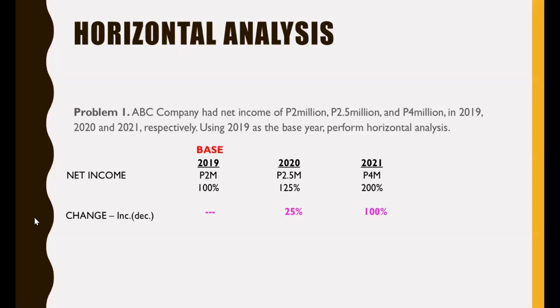To determine the change, that is simply the difference between the percentages in 2020 and 2019. So 125% minus 100%, that is 25%. And for 2021, there is a 100% increase. So that's the difference between 200% and 100%. So that is for horizontal analysis.